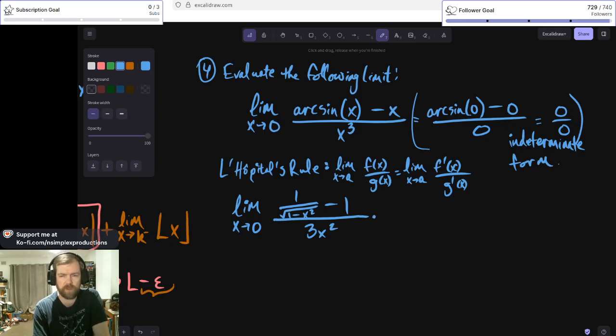The only other thing that we might want to do, just real quick, is multiply both top and bottom by the square root of 1 minus x squared.